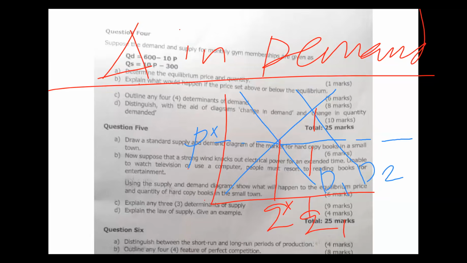And those factors would include income, changes in tastes and preferences, expectations, and the price of the related goods, among others. This is about change in demand.